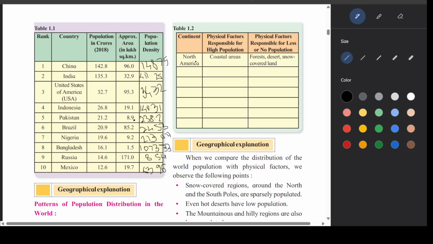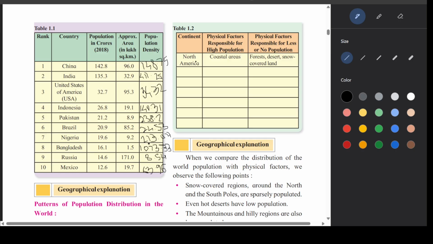Density is 238.2. Brazil. Population is 20.9 crore and area is 85.2 lakh square kilometers. Its density is 24.53. Nigeria. Population is 19.6 crore and area is 9.2 lakh square kilometers.